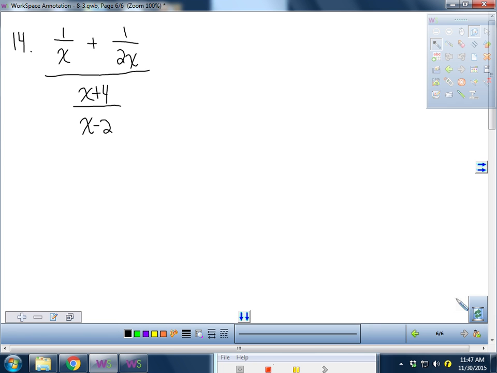Let's do one more. Notice again, this is one where I have two separate fractions on the top and I have one on bottom. So I have to combine this into one fraction before I can move on. So let's pull it out to the side. Now I notice that if I want to combine these, I have to have a common factor.